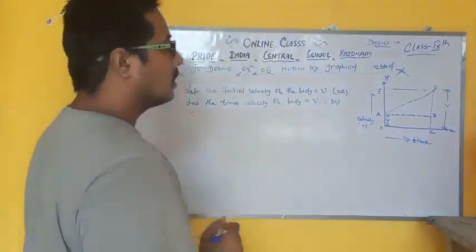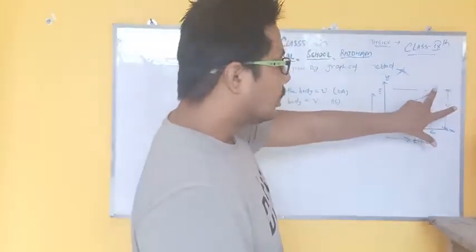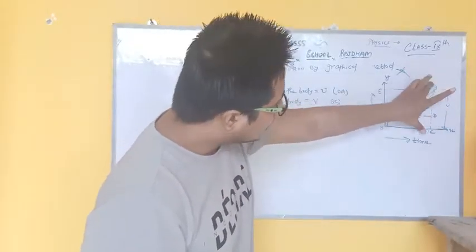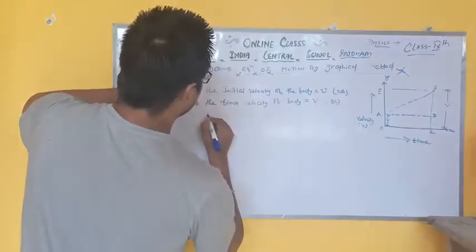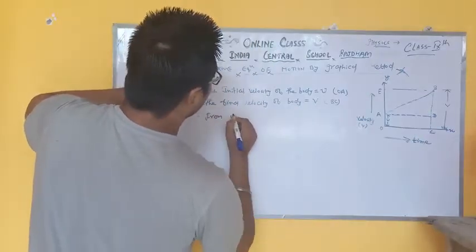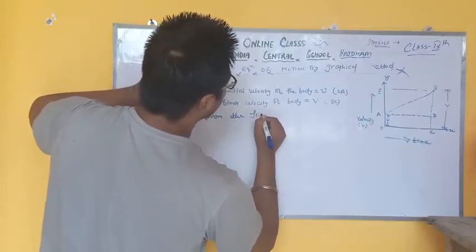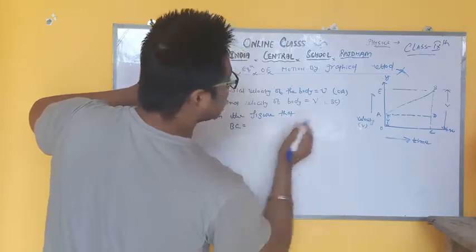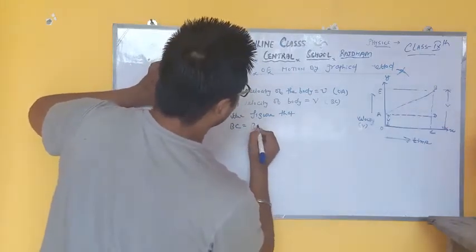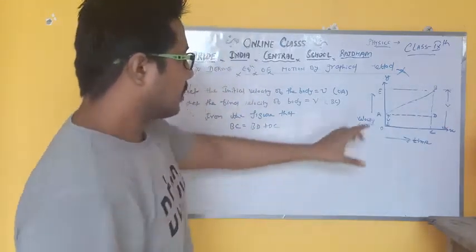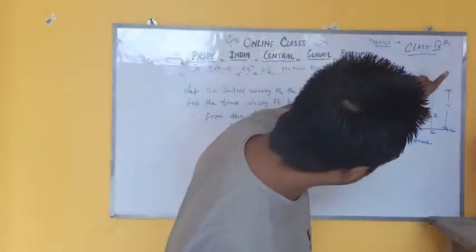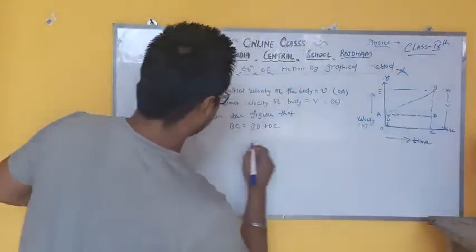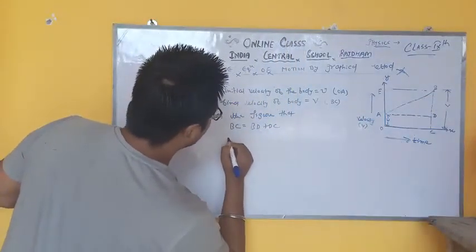Now if I ask you what BC is, look at this figure and see. From the figure, we can write that BC is nothing but BD plus DC.